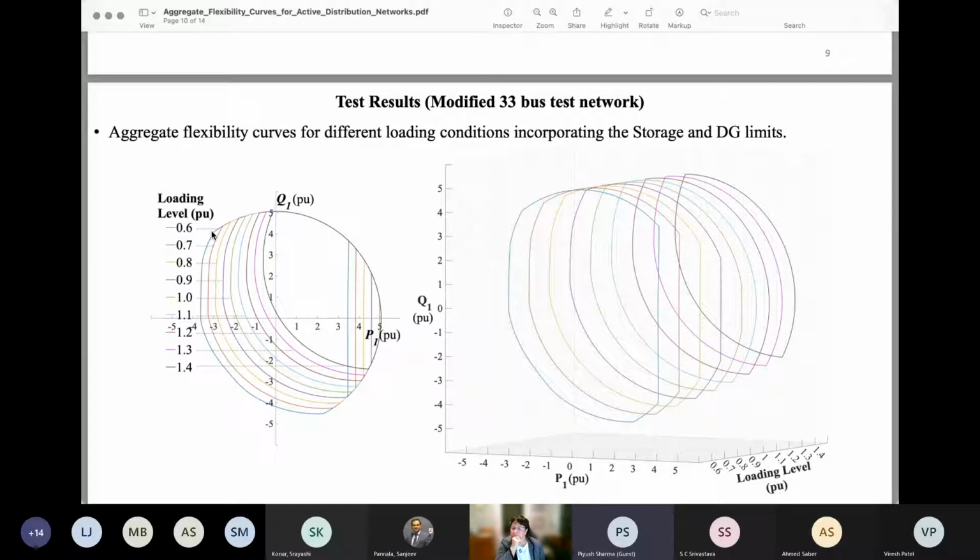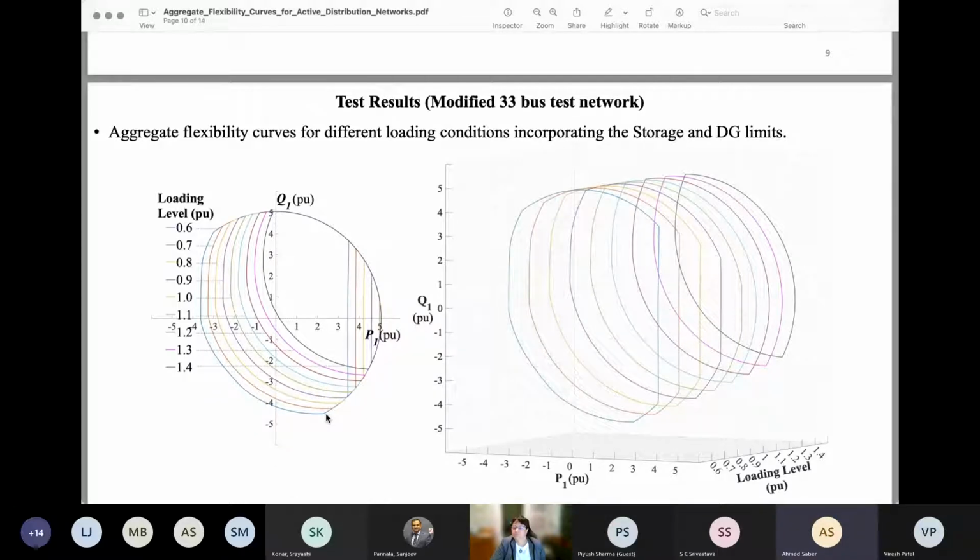I'm not sharing any information with him, but I'm sharing everything that he needs for scheduling and dispatch. So the privacy of the DSO or DNO is respected, and the scheduling and dispatch by the system operator in the higher level of hierarchy also ensures that the network in the lower level is secure. That is where such curves can be used. They can be shared without risk of privacy.